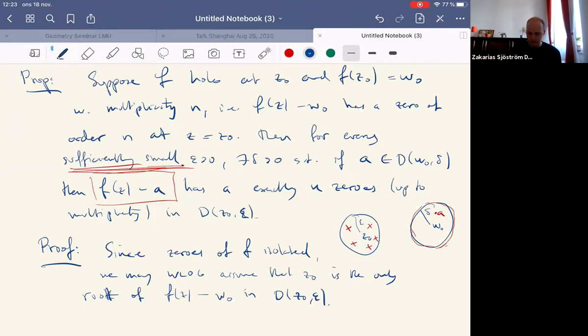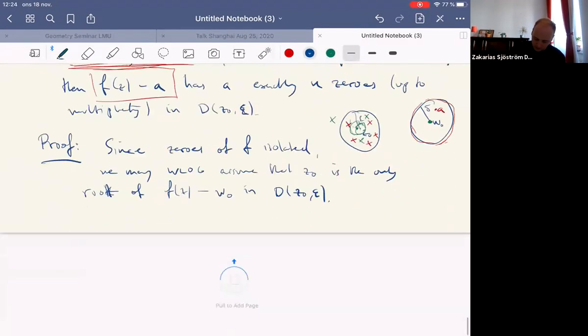So this is what is meant by sufficiently small. Of course, if the roots of w0 were here and here and here, then you take a smaller disk, and you can always take such a small disk around z0 such that it only contains one of these zeros. Okay. And so this was just a little technical setup.